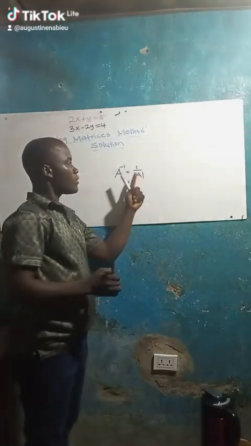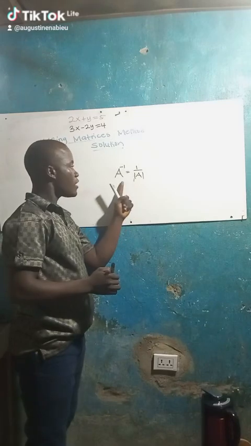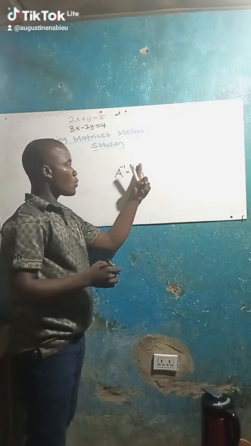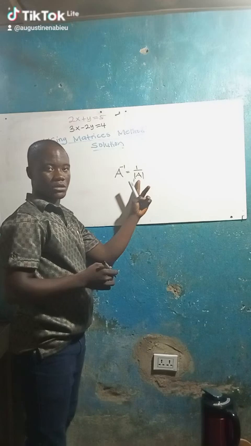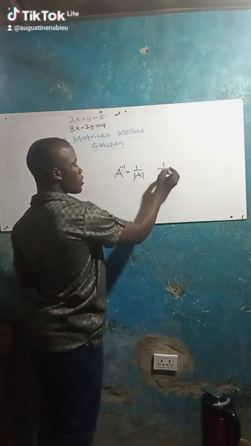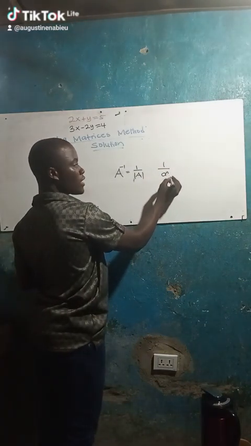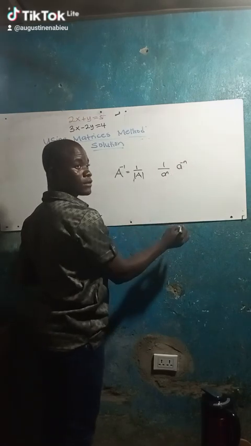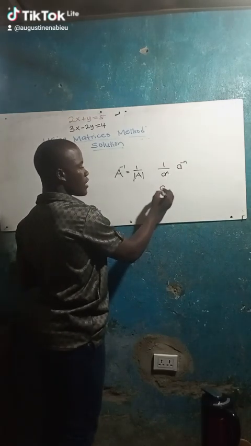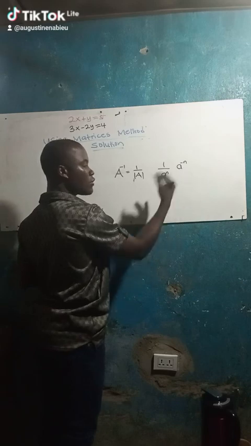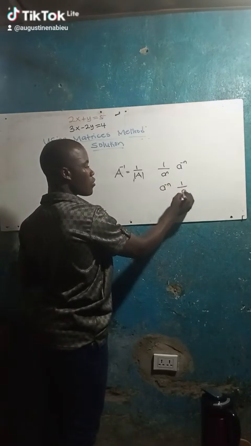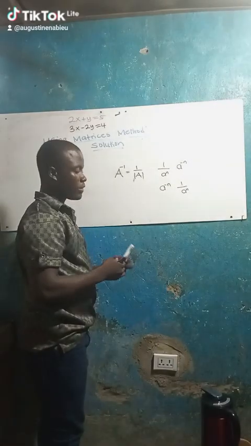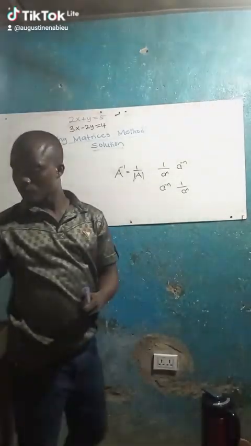Just like 1 over a raised to the power n can also be written as a to the minus n, and a to the minus n can also be written as 1 over a to the n. So this is what we'll use here today.